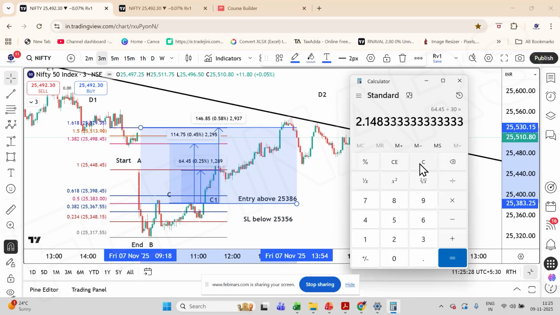It's 1 is to 2.14 risk reward ratio. 115 divided by 30, 3.8. 147 divided by 30, 1 is to 5 is the risk reward ratio for entering the trade. The Friday's session, if you would have applied a simple Fibonacci technique with the extension.